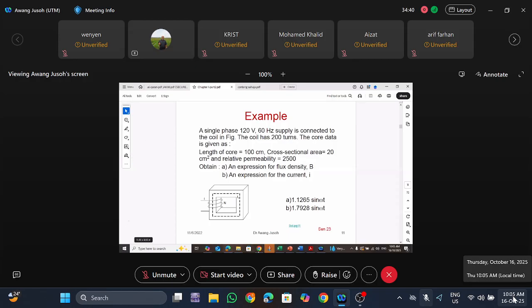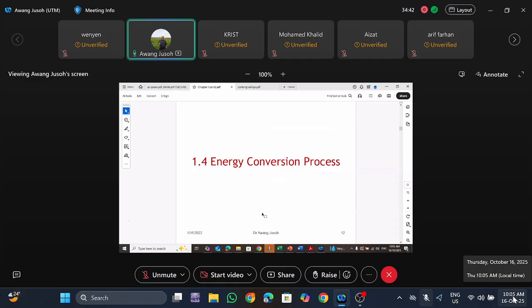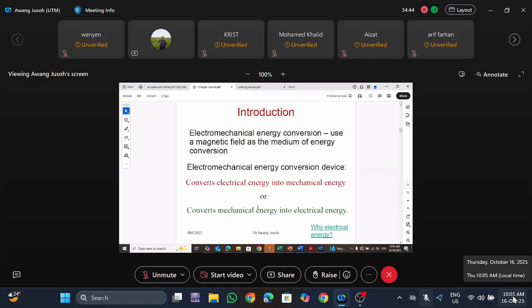Right. Okay, 1.4 energy conversion process. So in this chapter, we focus more on how we can convert electrical energy to mechanical energy and vice versa. What do I mean by electromechanical energy conversion?